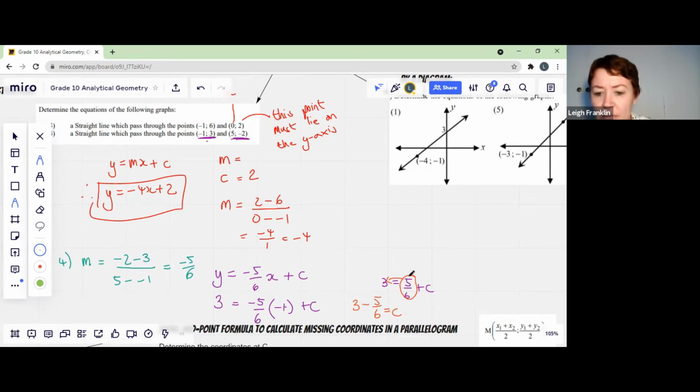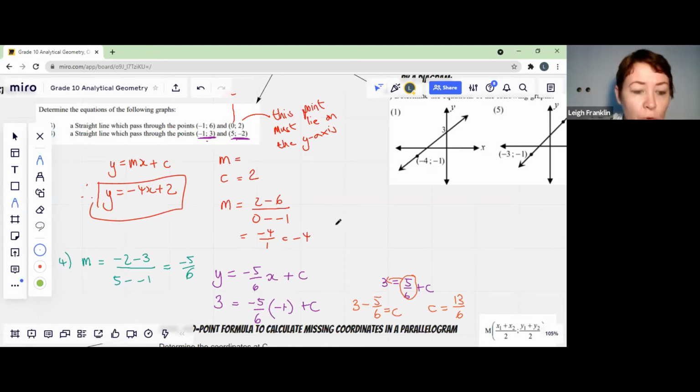So that means that c will be equal to what, grade 10s? Someone can pop it in the chat or unmute the mic. Indeed, Phoebe. 13/6. Goodness, Isa, 13/6. So what we've done now, I'm sorry, my writing is all over the place here, grade 10s.